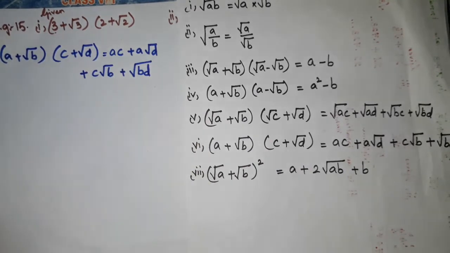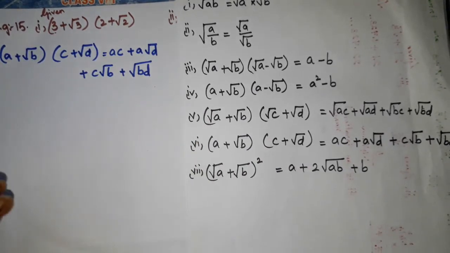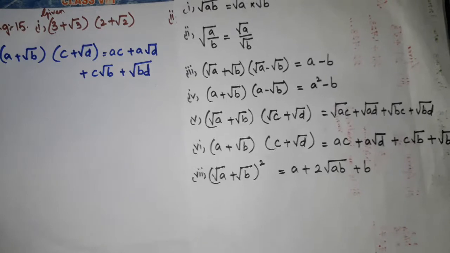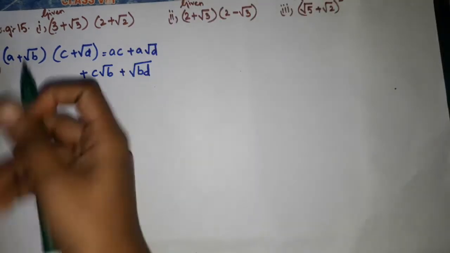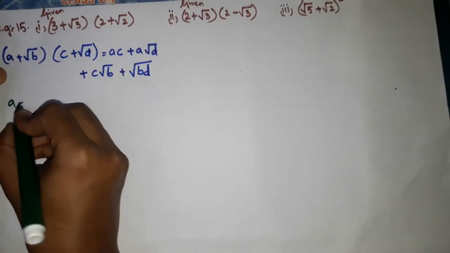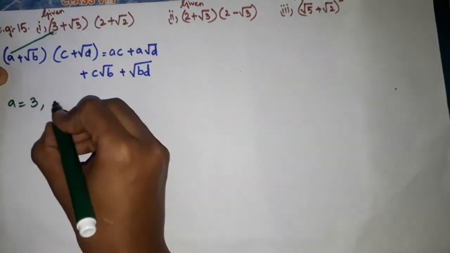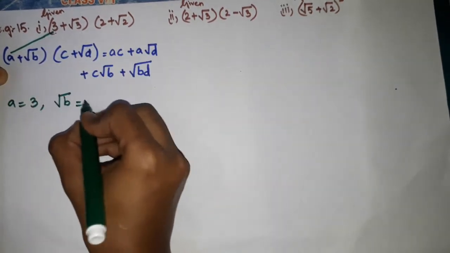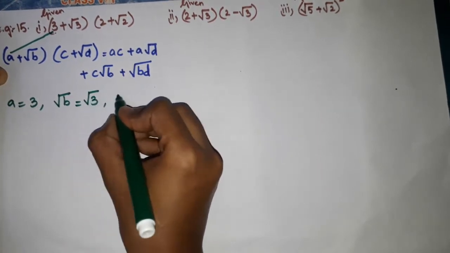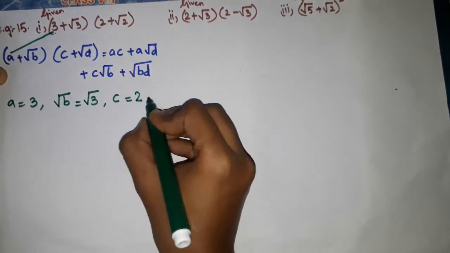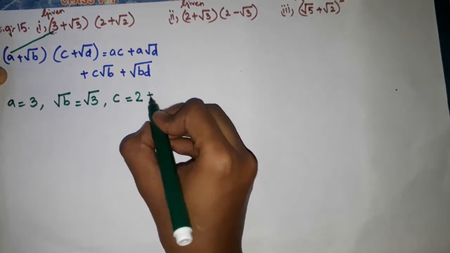So now we are going to write. See here, what is a? a is equal to 3. What is root b? Root b is nothing but root 3. What is c? c is nothing but 2. And what is root d?